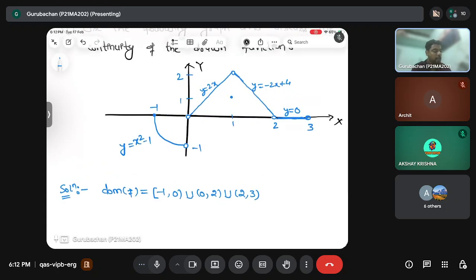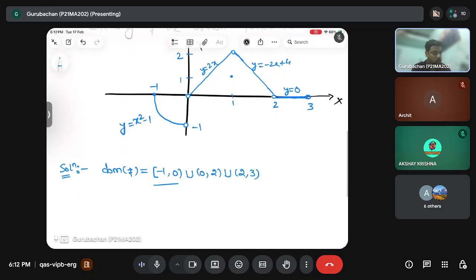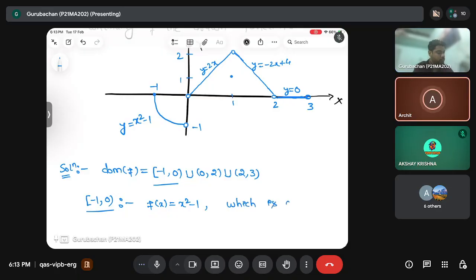So now first of all let us cover this interval, minus 1 to 0. What is f(x)? Is it a continuous function? Sir, except at minus 1, it is continuous.